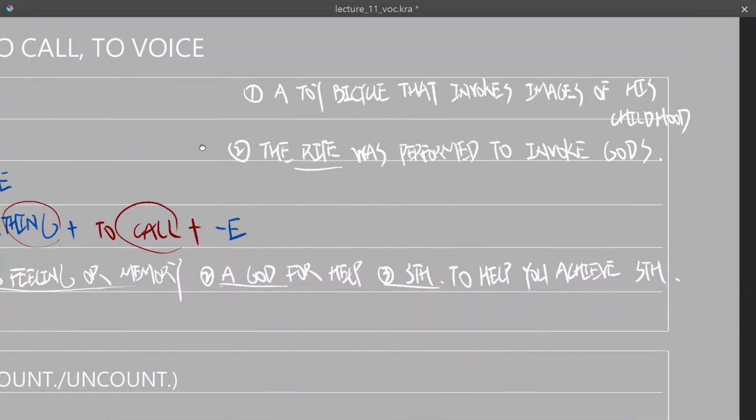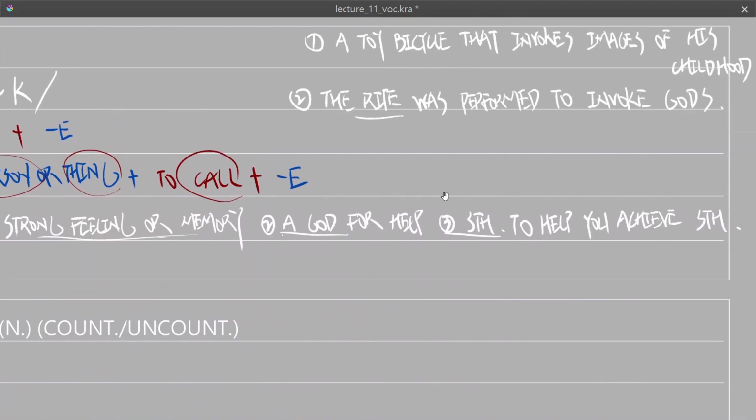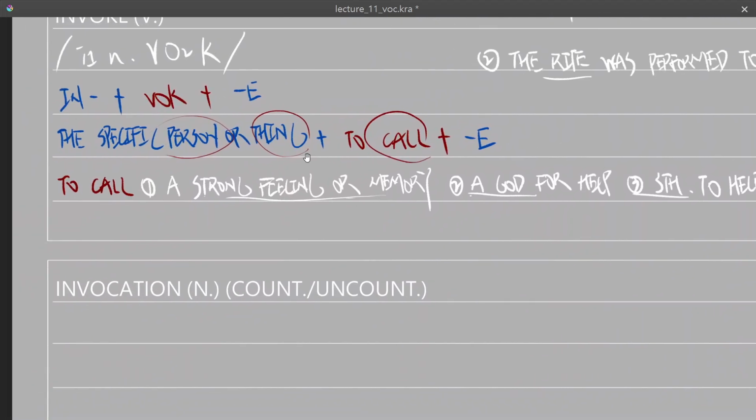And lastly, we could call something to help you achieve something.